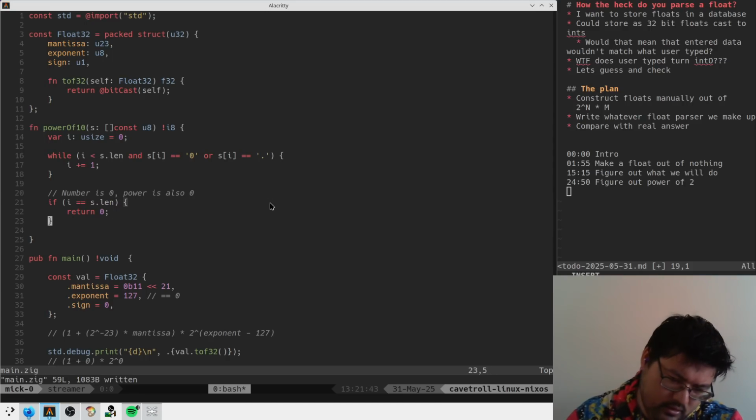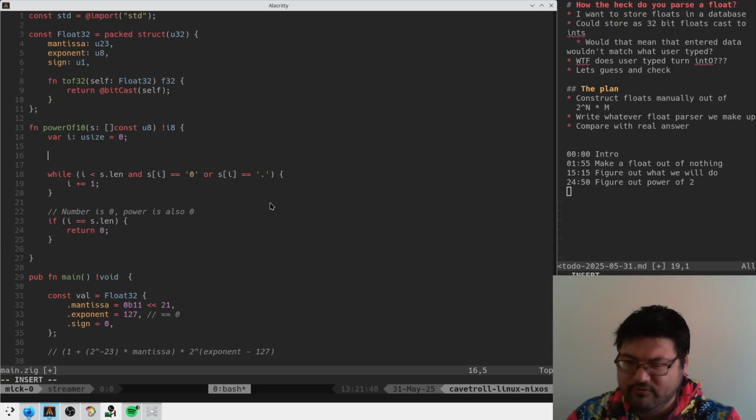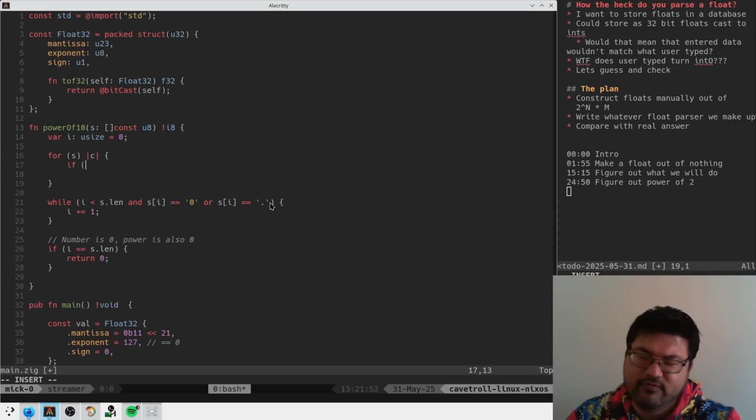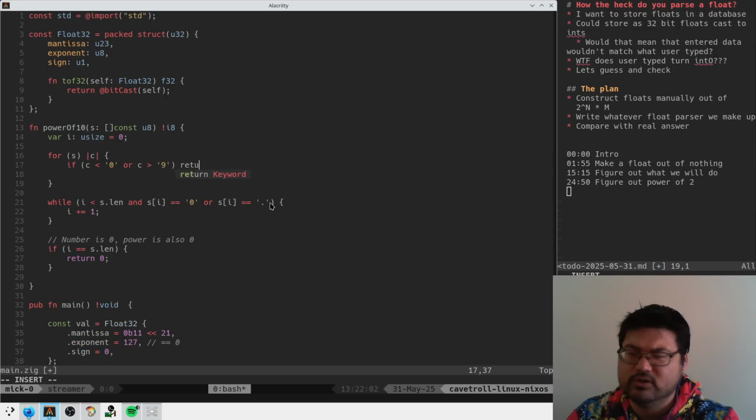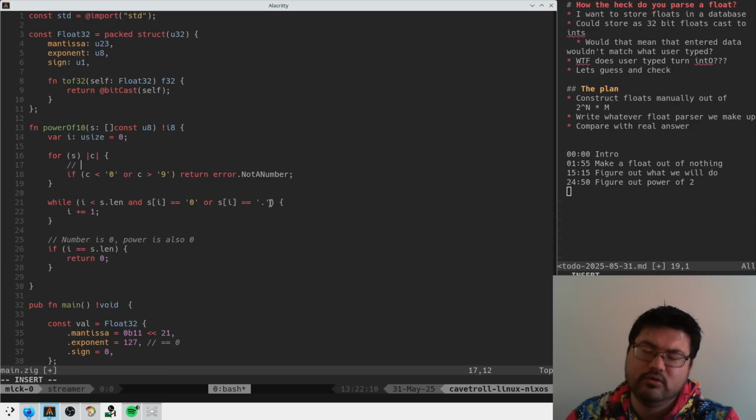Then I guess, let's just validate first because it's easier. If C is less than 0 or C is greater than 9, then return error not a number. Technically, 1E9 is valid, but we'll tackle that later.